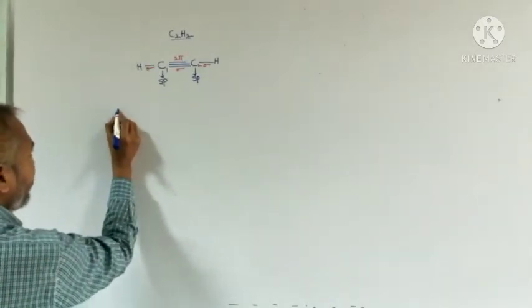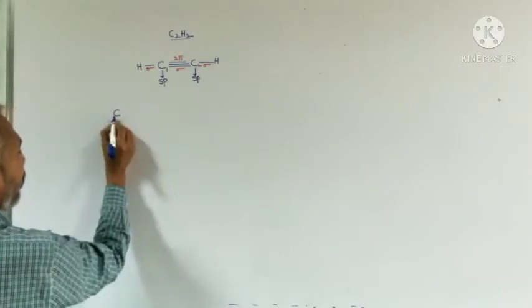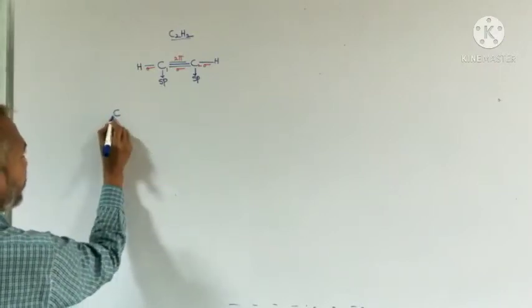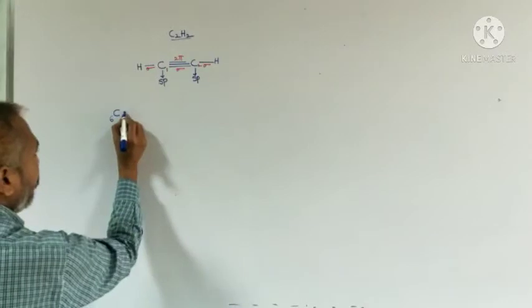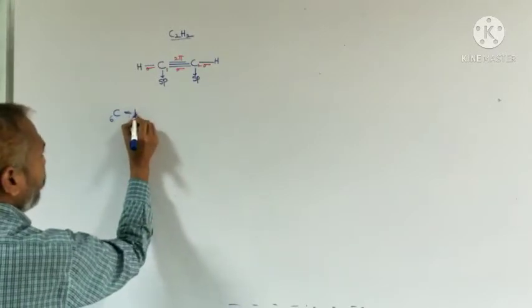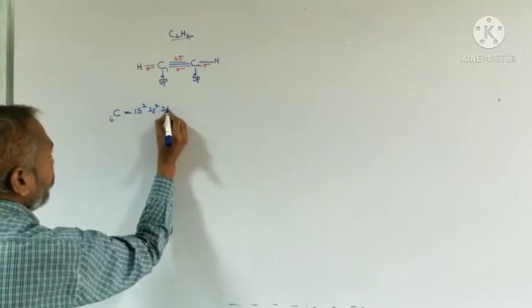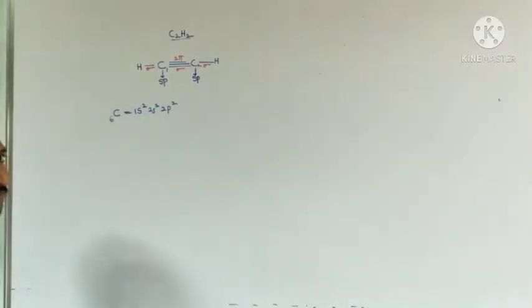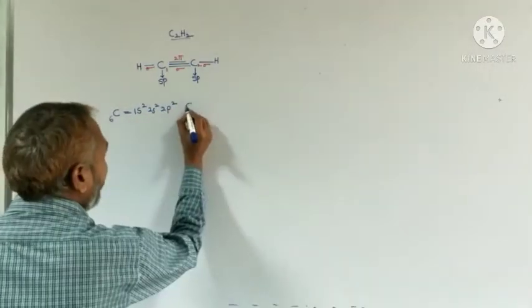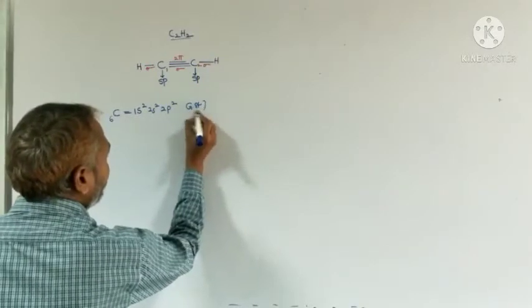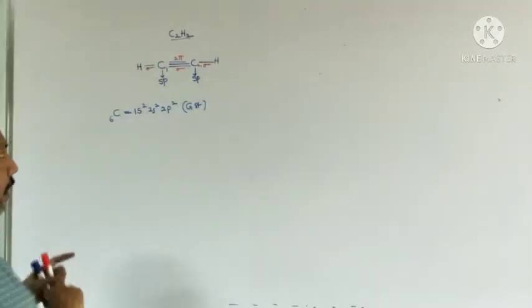Write the electronic configuration. What is the atomic number of carbon? 6. What is the electronic configuration? 1s2, 2s2, 2p2. This is the ground state configuration.